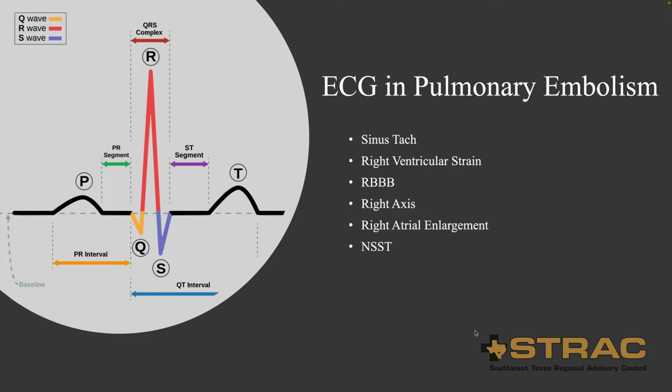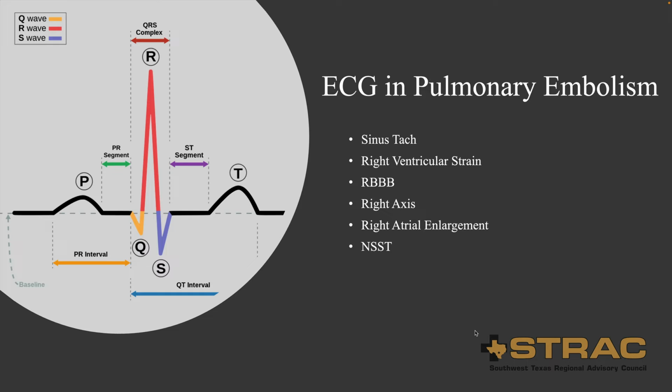On a bigger PE, you'll start interfering with the right side of the heart. Remember, it's backing up blood into that right ventricle and right atrium based upon where that blood clot is. So you might start seeing a right ventricular strain pattern, right bundle branch blocks, right axis deviation, right atrial enlargement. Lots of things on the right side.